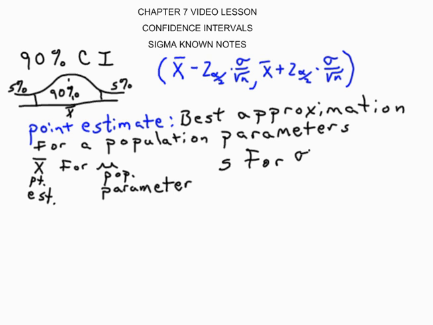Now, as we're looking at that formula up at the top, we have what is referred to as the error amount.